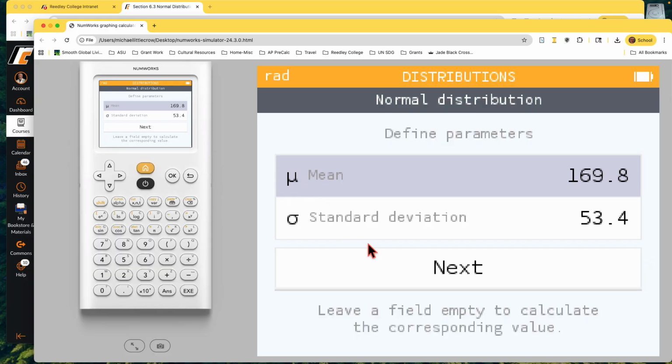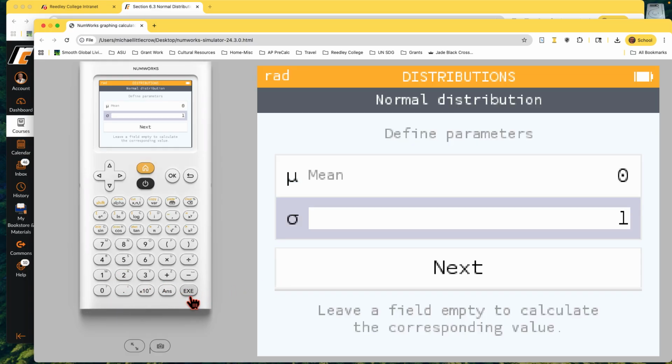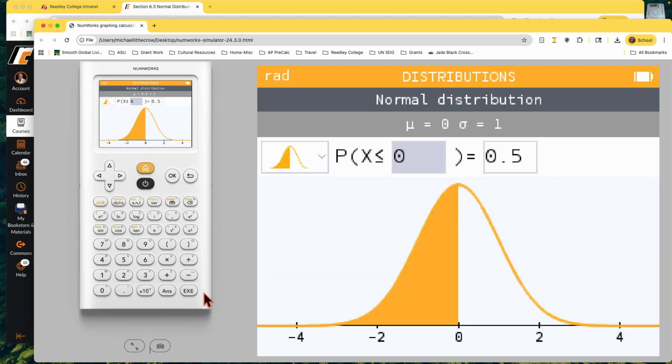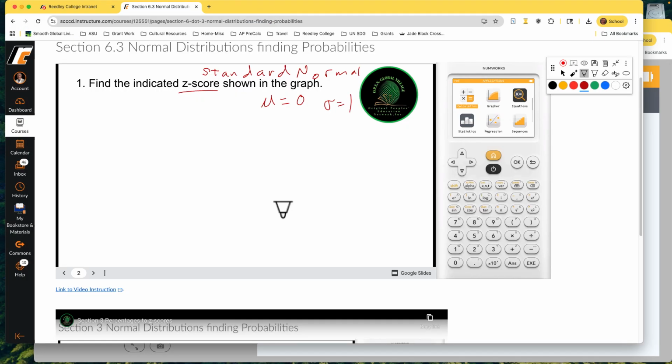The mean and the standard deviation. So the next series of questions, we're going to be looking at the standard normal. So I'll put in my 0 and my 1. When you first open up your calculator, those are the defaults, right? So for these first questions, you could just stick with the default, but also remember that, because whenever we're dealing with z-scores, these have to be the mean and standard deviation. Then we come to this part. We'll leave it there for now. Okay.